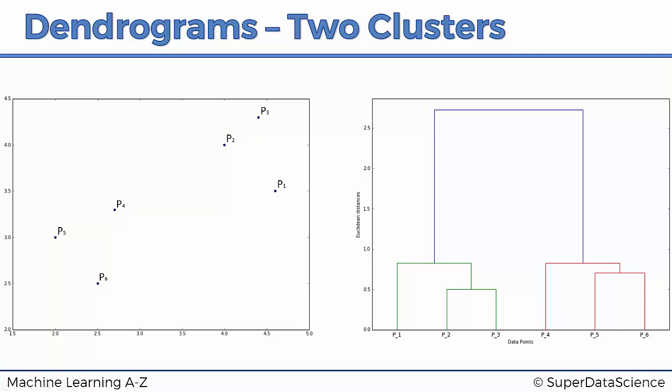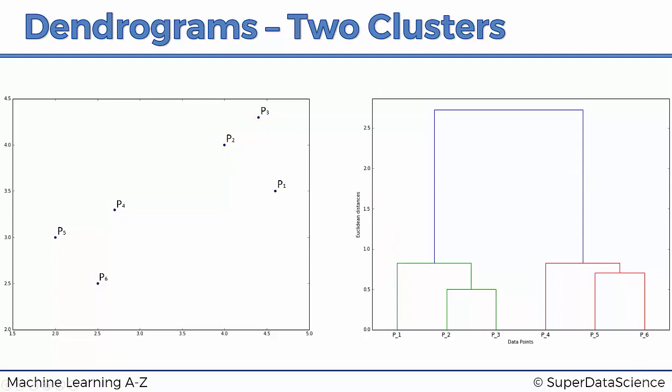What we can do with the dendrogram is look at horizontal levels and set thresholds. So we can set height thresholds or distance thresholds, also called dissimilarity thresholds, because this vertical axis measures the Euclidean distance between points, which also represents the dissimilarity between points or clusters.